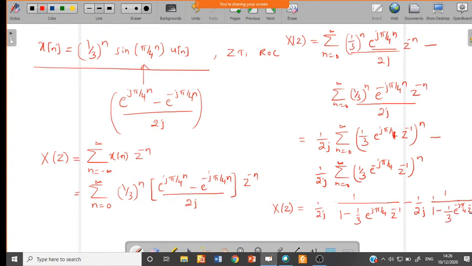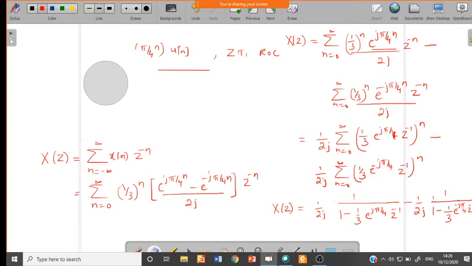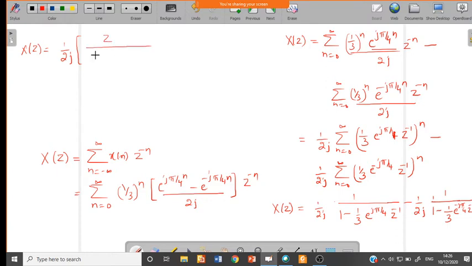X(z) is equal to 1 over 2j into z by (z minus (1/3) e^(jπ/4)), where I am taking z inverse as 1 over z and taking common factor, and minus, again, z by (z minus (1/3) e^(-jπ/4)).